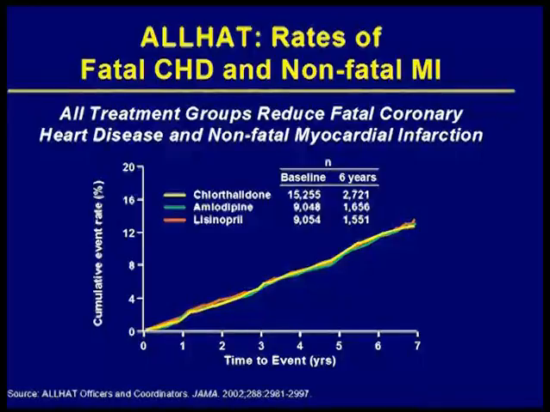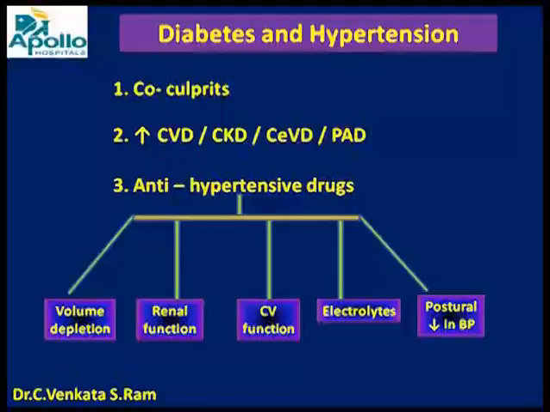Despite the new onset diabetes with chlorthalidone, the overall cardiovascular benefits were very, very similar. So the take-home message is, if patients require a diuretic and have diabetes and hypertension, do not hesitate to use them, because despite alterations in glucose metabolism, the ultimate outcome appears to be very similar.